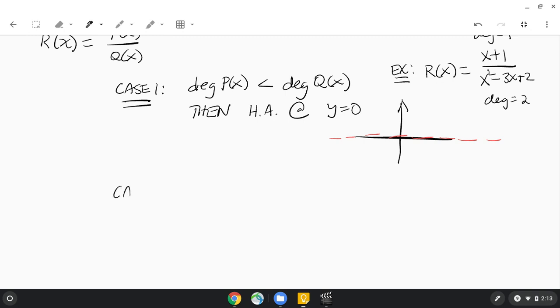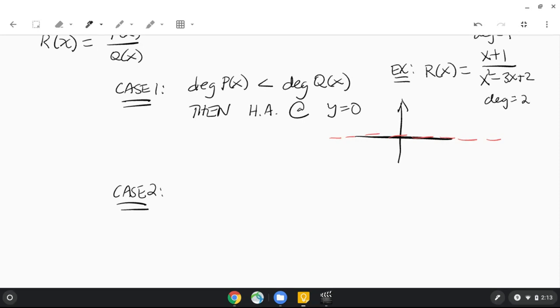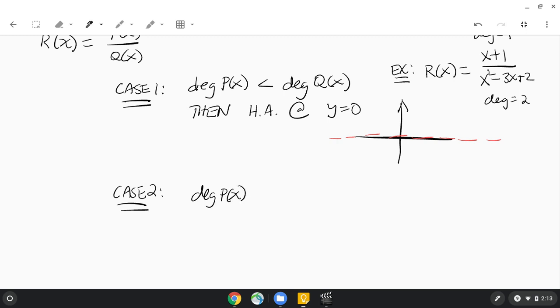Case 2. Maybe your degree in the numerator is the same as your degree in the denominator.